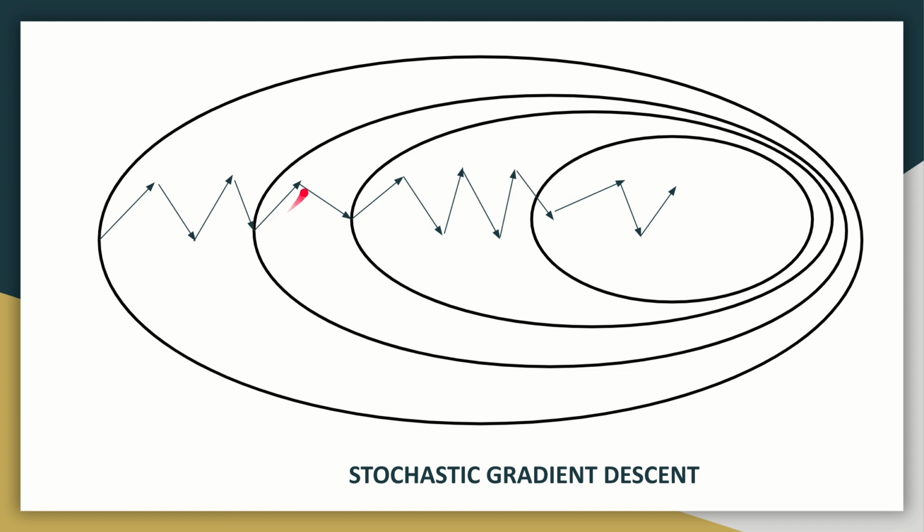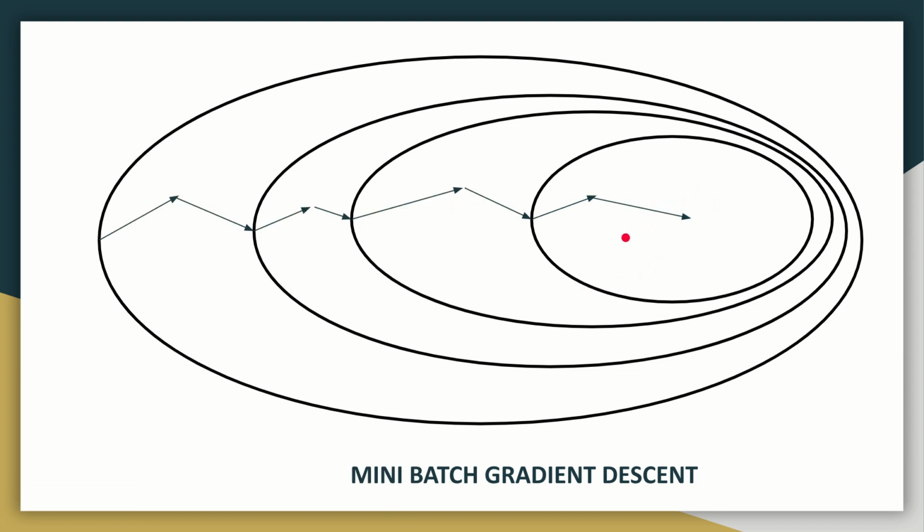They are not always pointing towards the global minima, but with multiple iterations, you will definitely reach our global minima. In mini batch gradient descent, you can see that our gradients are much more in the direction of the true gradients. They are much more pointing towards our actual global minima, and because they are computationally less expensive, it is always better to use mini batch gradient descent.